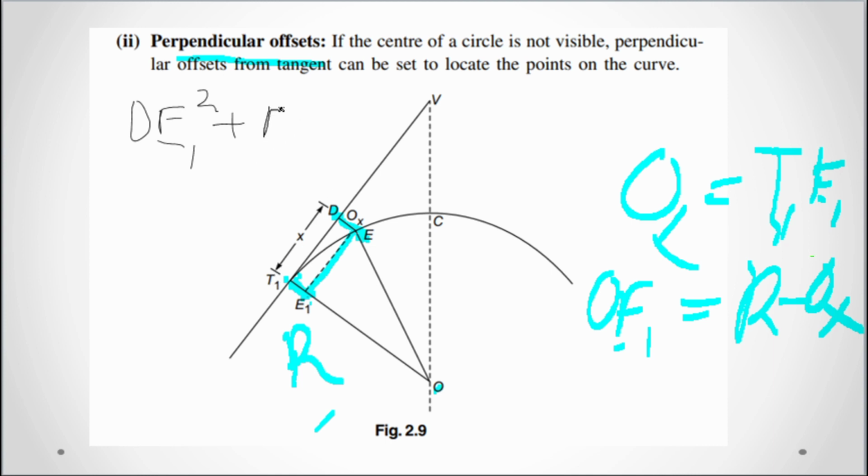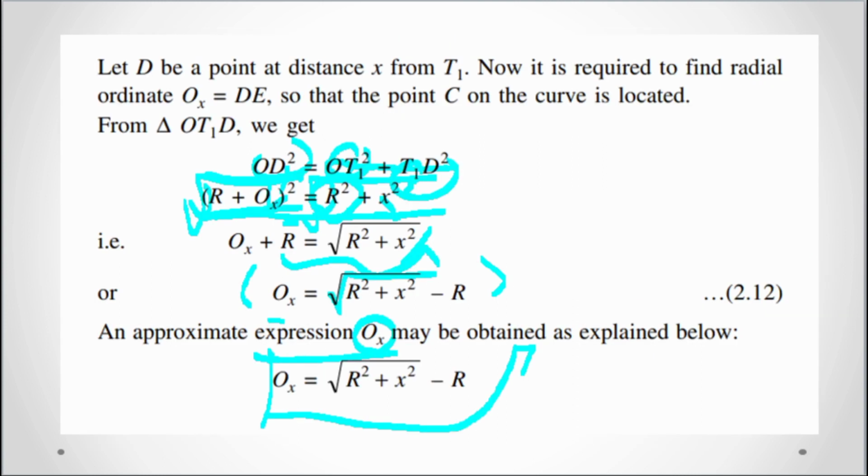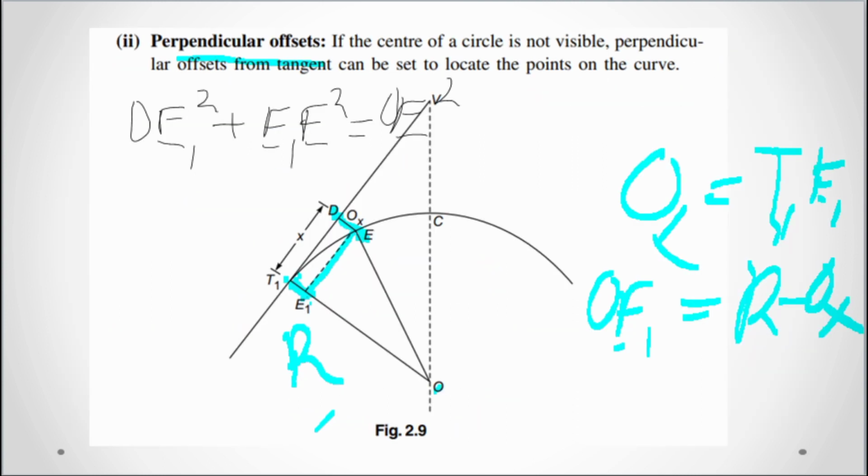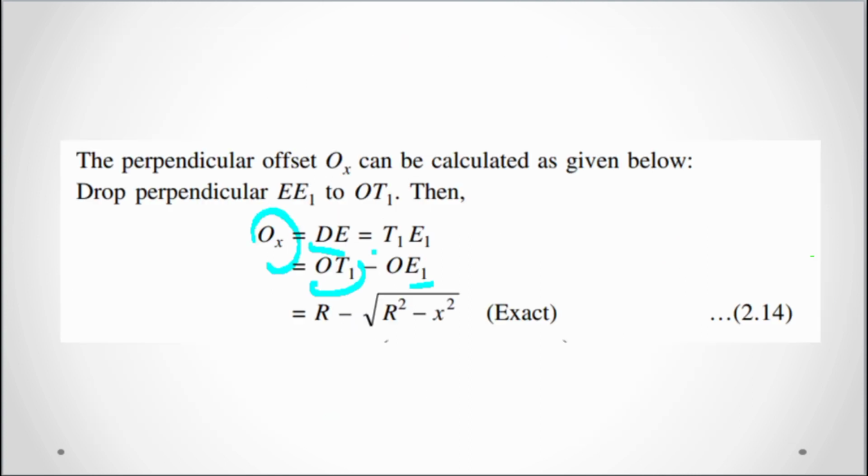So E1E squared, and that is equal to the hypotenuse. So the distance O to E will be OE squared, just like what we have done earlier in our equations.